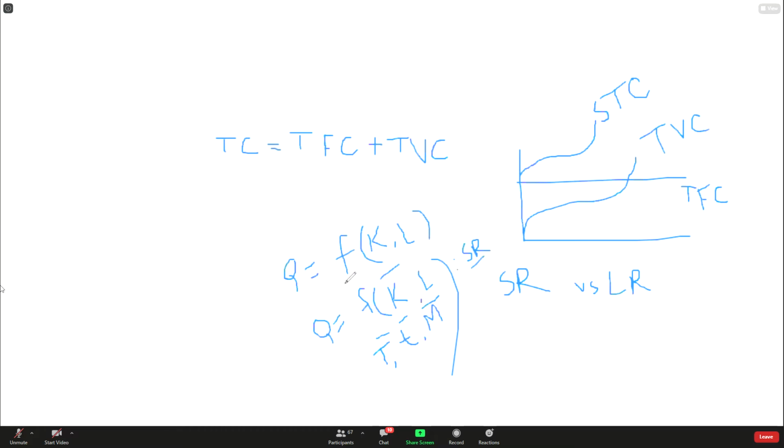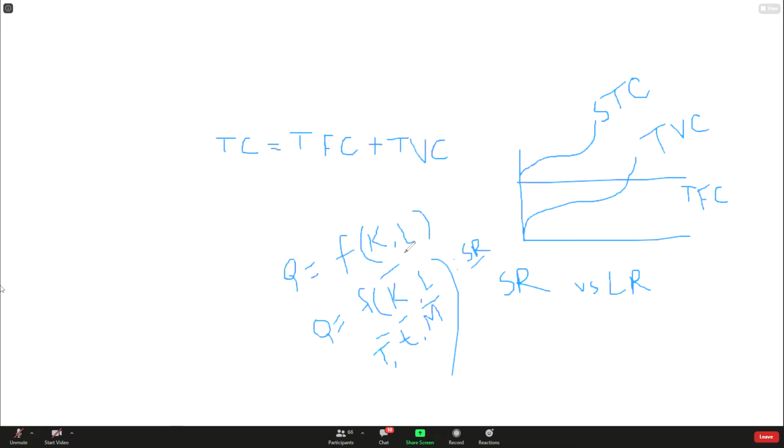However, in the long run, there is no fixed factor; all are variable. Why? For example, if you are a new producer, obviously you have a limitation of your budget. It means you have started with 10 lakh taka.